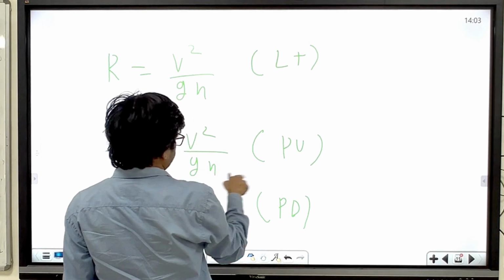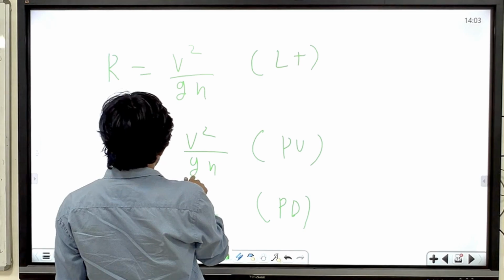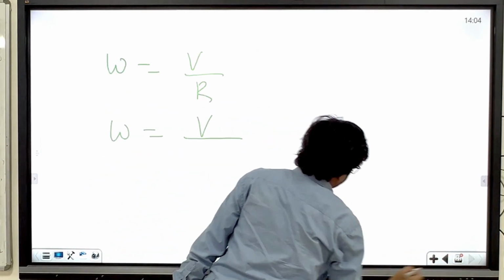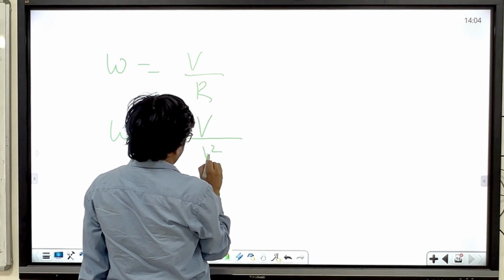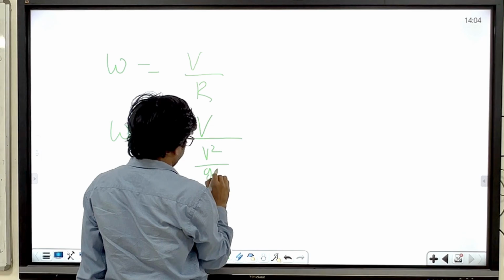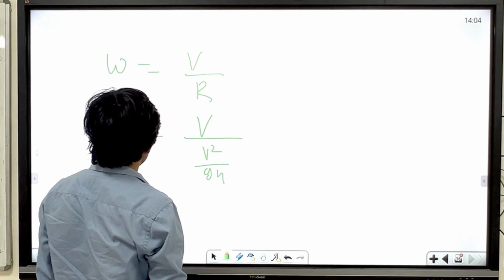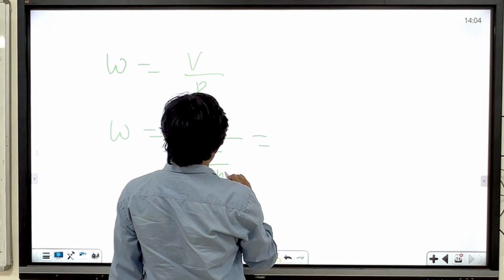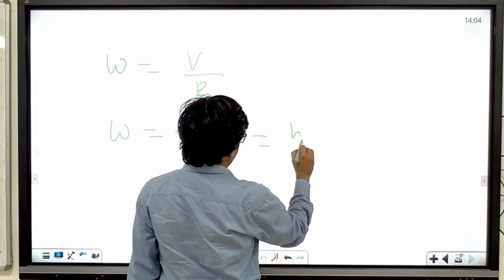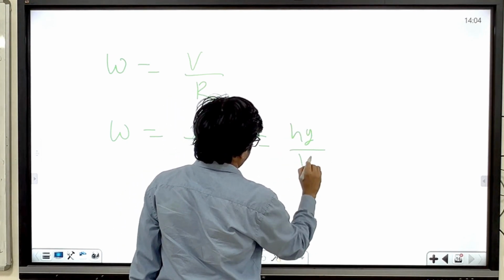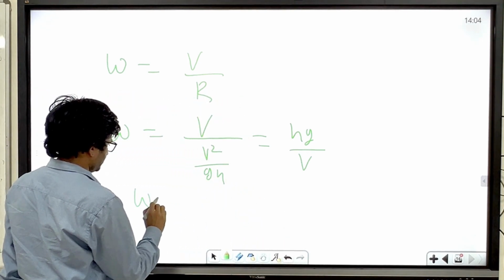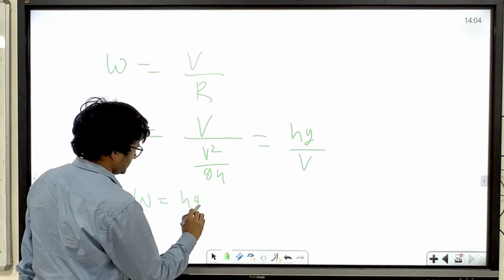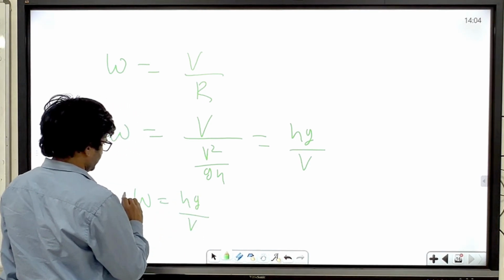Consider this condition, what is the R? V square by gn in all the cases, right? So now you can write omega is ng by V.